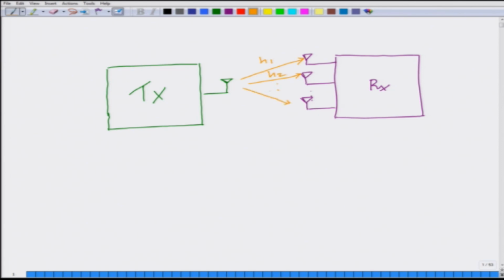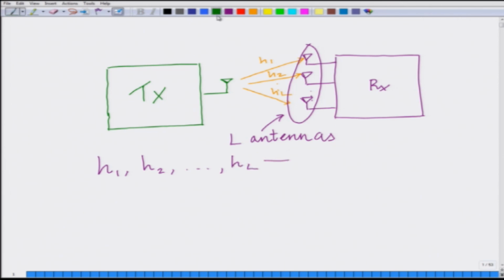on up to HL. So, we are considering a scenario with L antennas and the channel coefficients are given by H1, H2 up to HL. These are the various channel coefficients, and we have seen that in this context the optimal combining weights to be used at the receiver are given by the maximal ratio combiner.